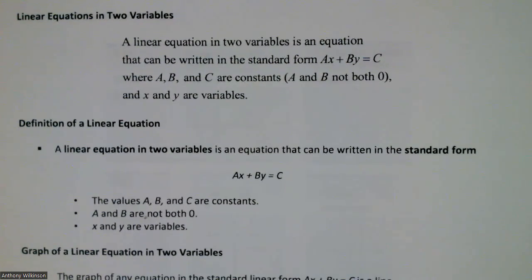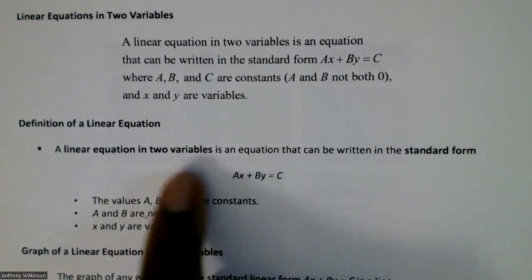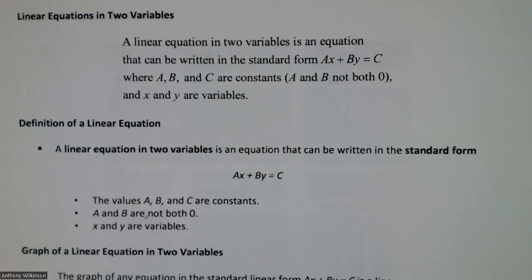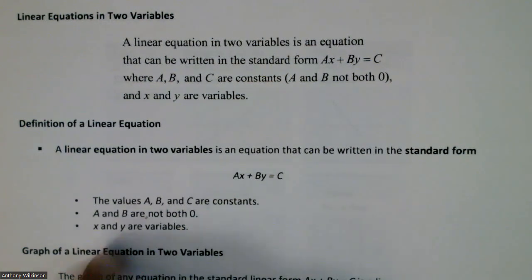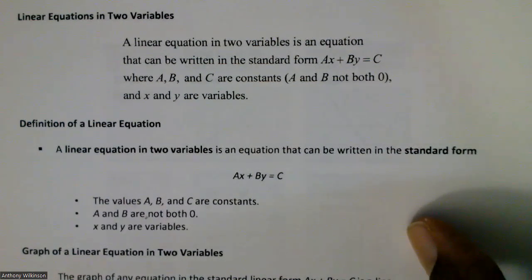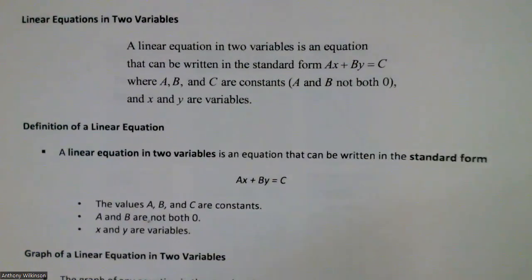Of course, the x and the y are on the left side, the constant term on the opposite side. So keep in mind the standard form of a linear equation in 2 variables.